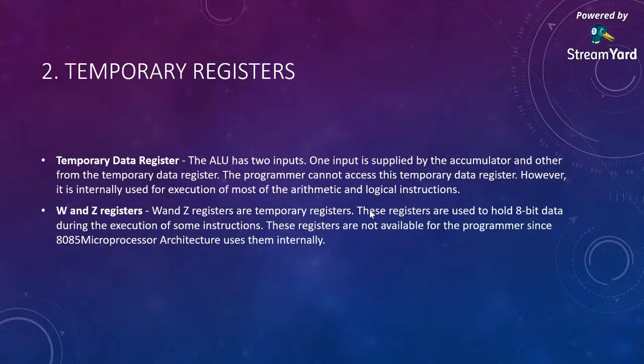W and Z registers are the temporary registers. These registers are used to hold 8-bit data during the execution of some instructions. The registers are not available to the programmer since the 8085 microprocessor uses them internally.